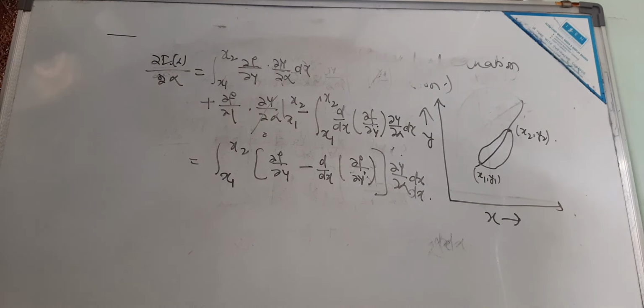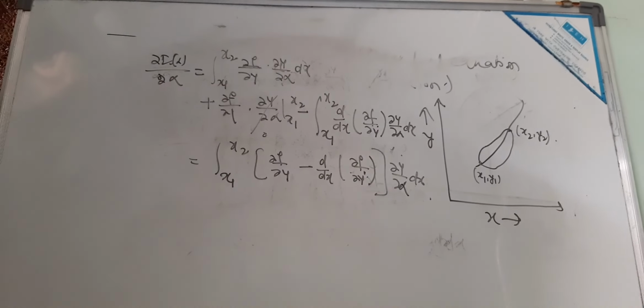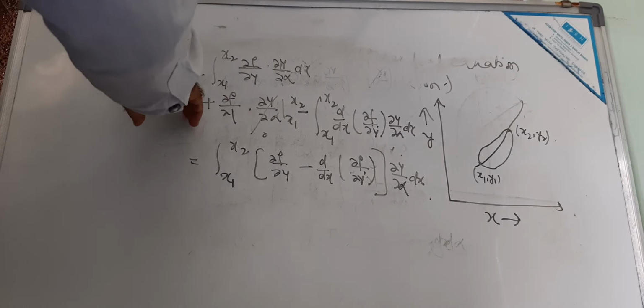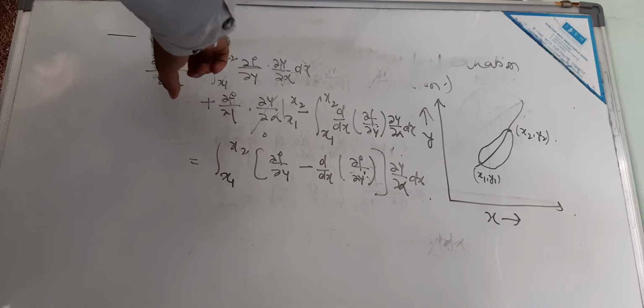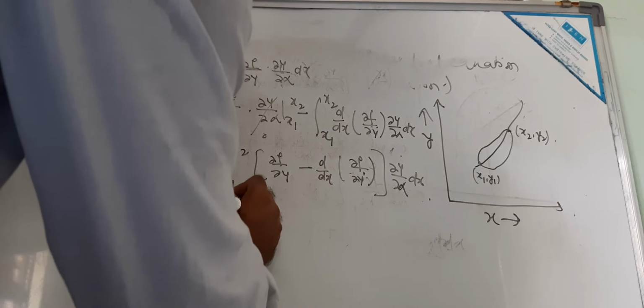To find the stationary value, we multiply with the d alpha. If you multiply with the d alpha on both sides, then you will get the δI. So you can write this δI equal to integration x1 to x2 of ∂f/∂y minus d/dx of ∂f/∂y dot, and then δy into dx.